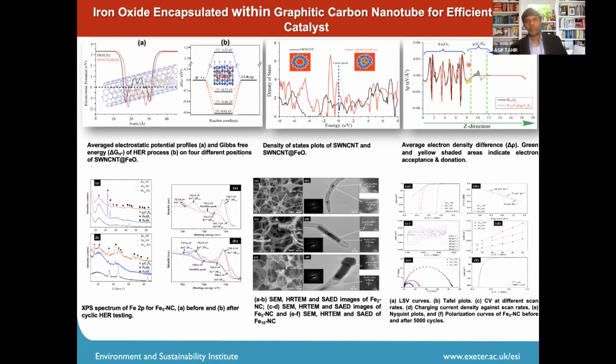This indicates that the materials have very good overlap with each other, and they can be used as a combined material for an efficient electrocatalyst. Then we made these materials, and XPS study shows that the material is a heterostructure, and TEM proves that the iron oxide is embedded inside the graphitic carbon nanotubes.